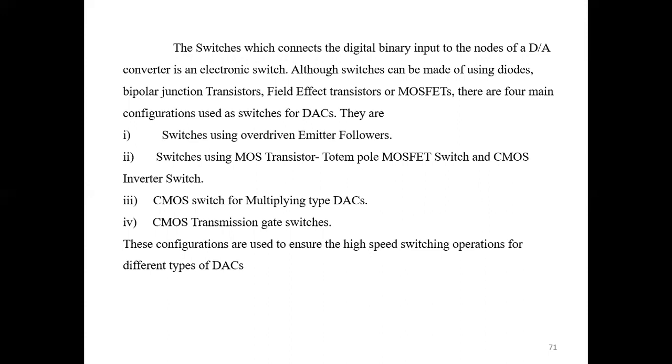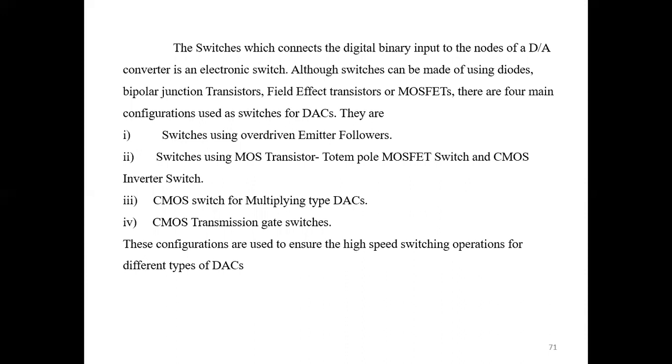Then switches for DAC. The switches which connect the digital binary input to the nodes of a DAC converter are electronic switches. Although the switches can be made using diodes, bipolar junction transistors, field effect transistors, or MOSFETs, there are 4 main configurations used as switches for DAC.